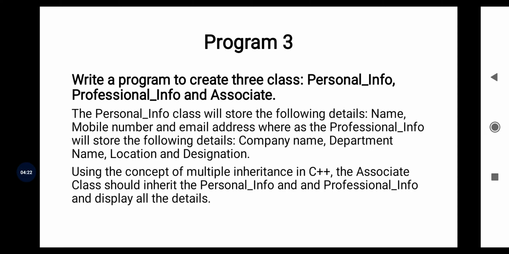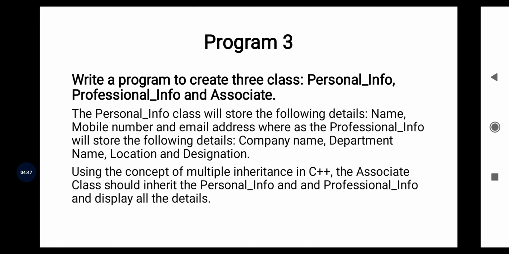Now read through this program carefully, and what's mentioned here is that the associate class should inherit the personal info and the professional info and display all the details. However, don't create any attributes in the associate class. All the associate class should do is have a member function which would display the details of all the classes.